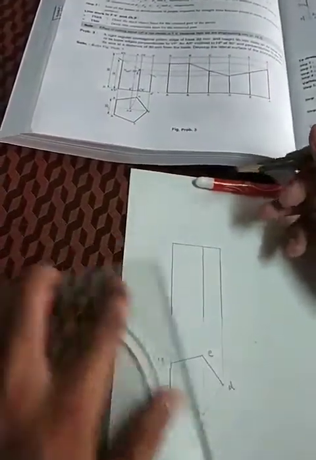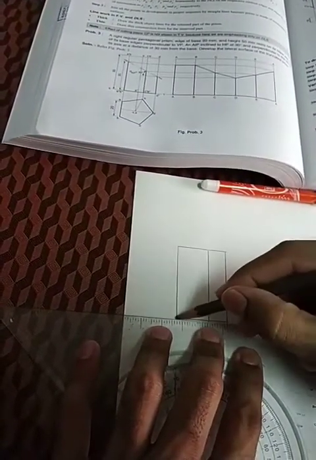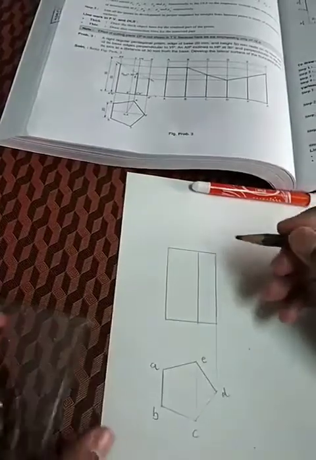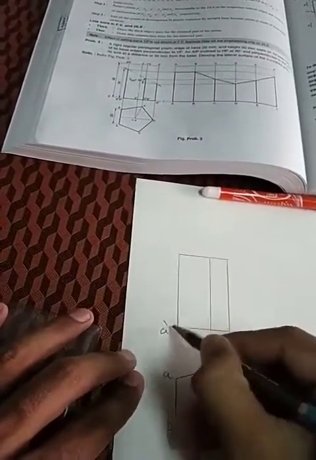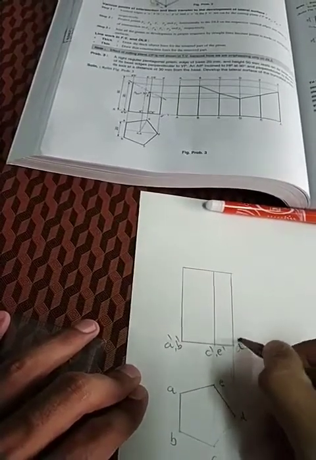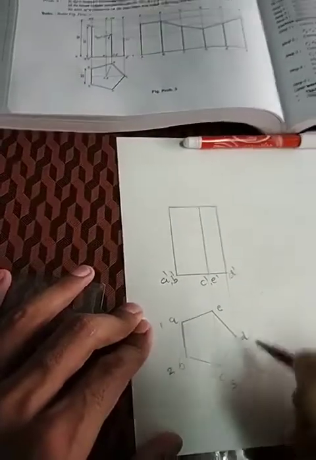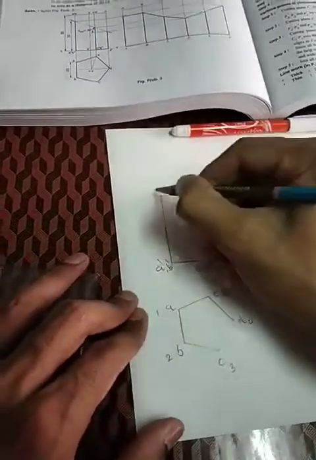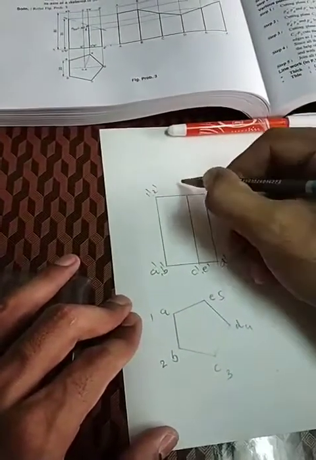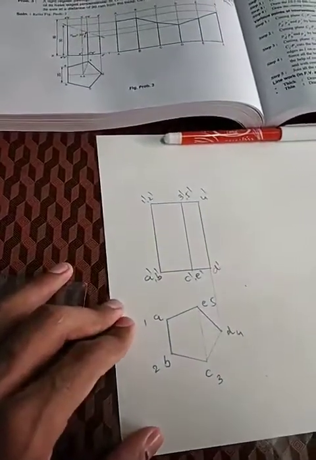So this is how your front view will look like. This will be A dash B dash, this will be C dash E dash, and this is my D dash. For example I'm giving 1, 2, 3, 4, 5 names here. So this will be 1 dash, 2 dash, this will be 3 dash, 5 dash, this will be 4 dash point. You already know these things.